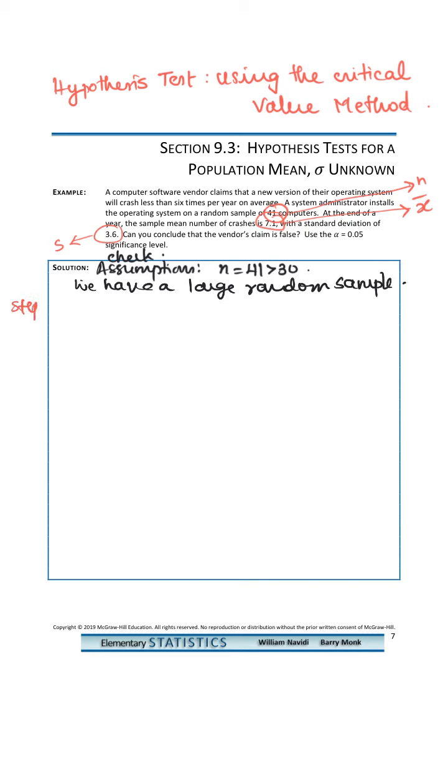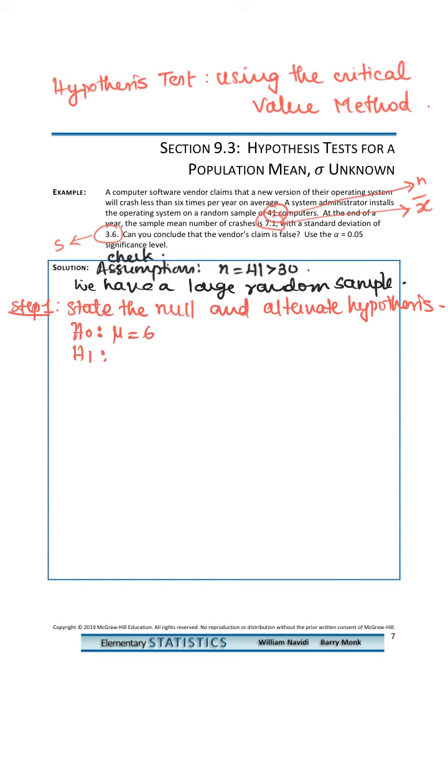So step 1 is state the null and alternate hypothesis. So null hypothesis is mu equal 6.